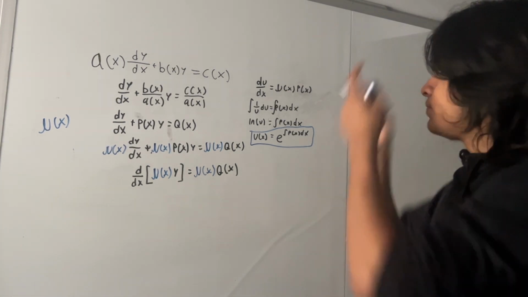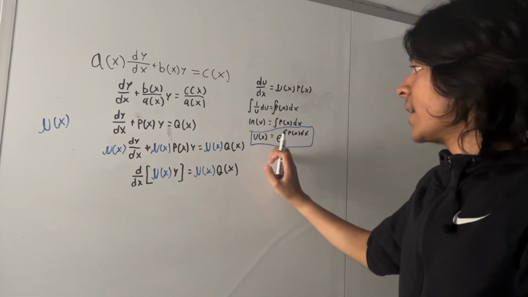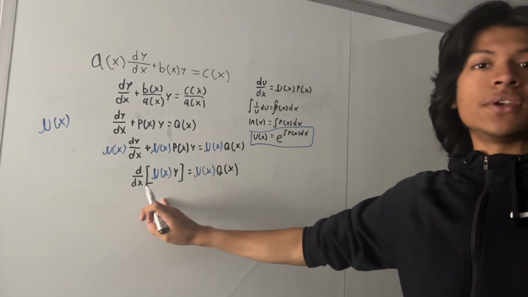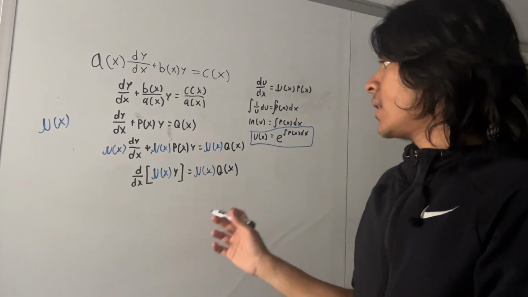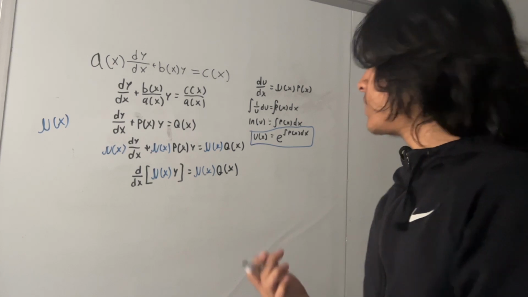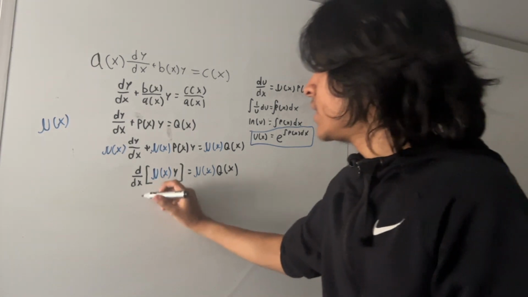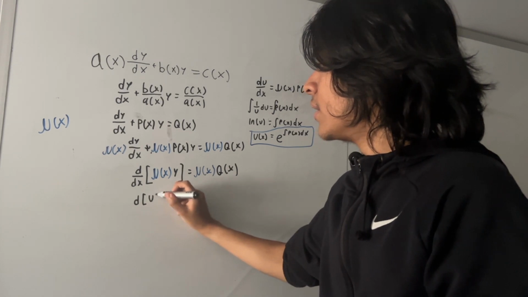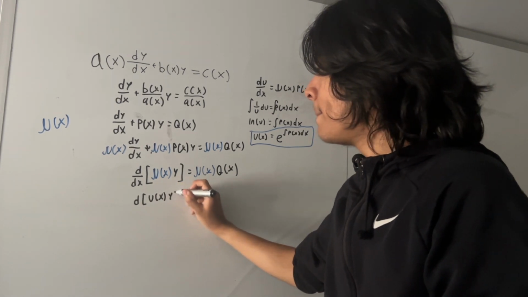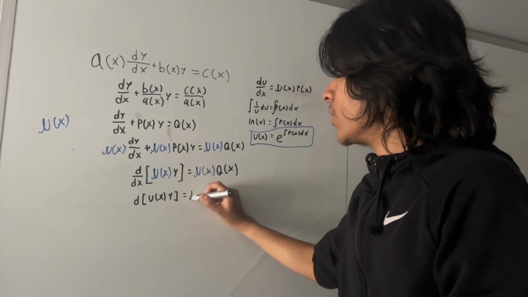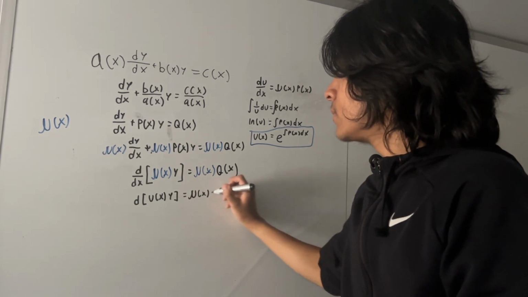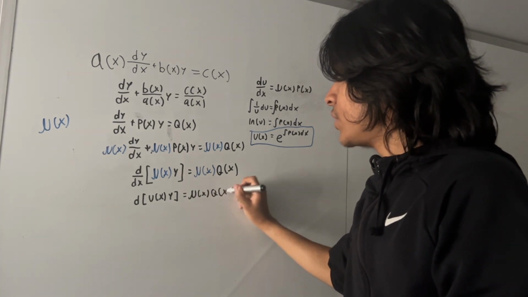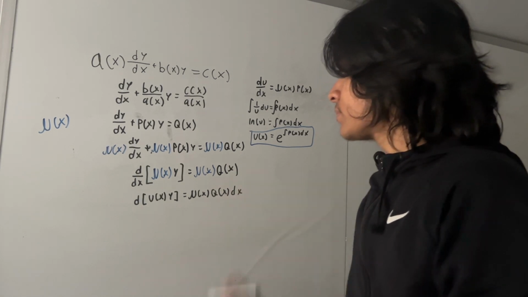So here is one condition that has to follow in order for this to be true. Now that we have that, we can continue on here solving for y. Again, we could solve it via separation of variables. So on the left side, we could get d of u x y is equal to u of x times q of x dx.